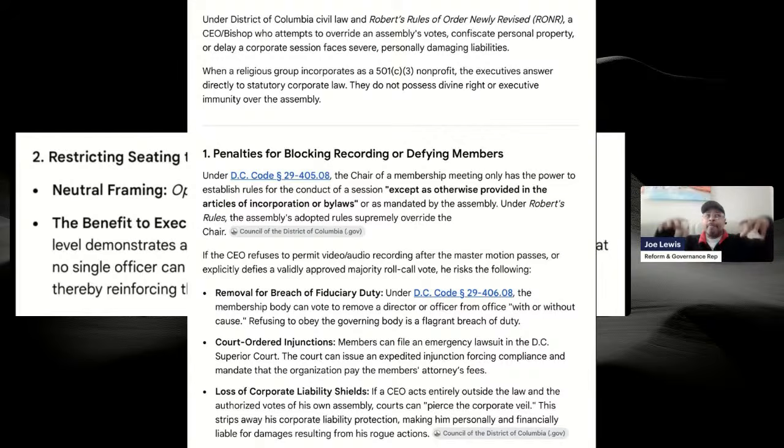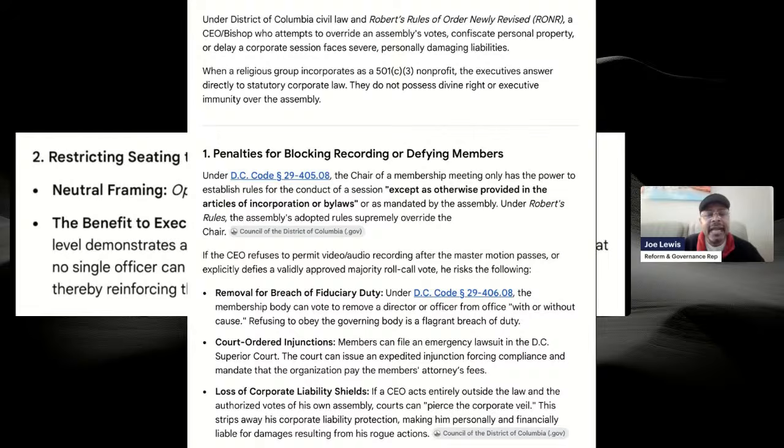So there are insurance policies written to protect individuals in executive office or on boards and General Assembly type positions. And it protects them. But if you break the law, you risk losing that protection of corporate liability shields. The shield is your protection.